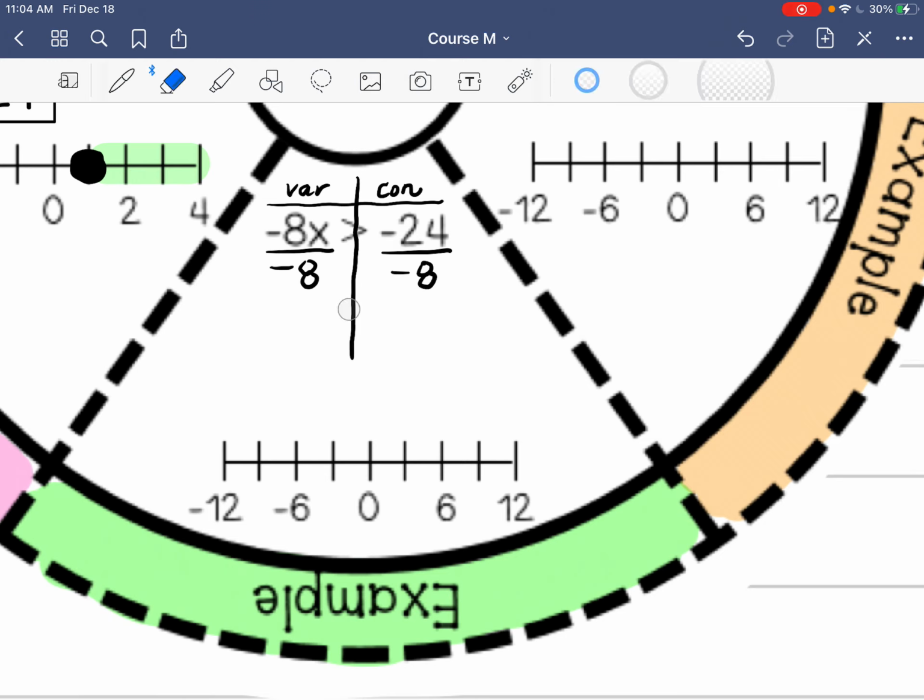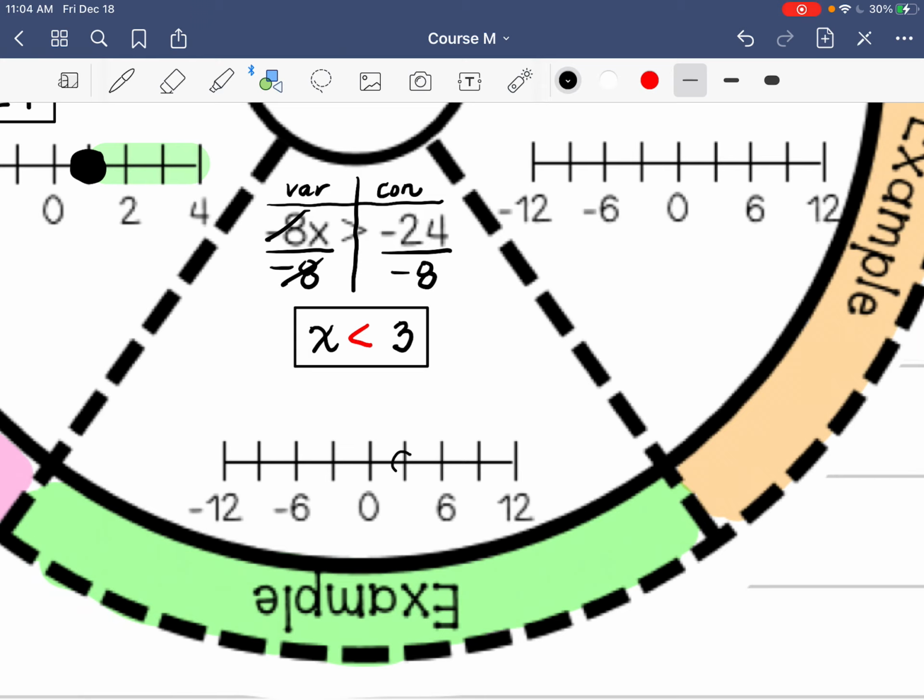Now, do you remember what happens when you divide by a negative? You still cancel and copy, but the sign reverses. The arrow reverses. Negative 24 divided by negative 8 is positive 3. So the solution is x is less than 3.